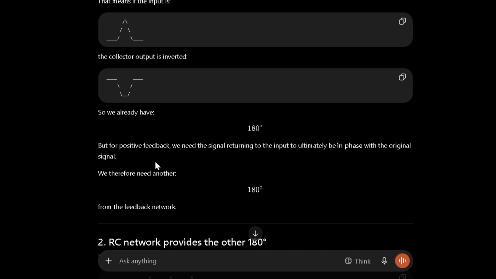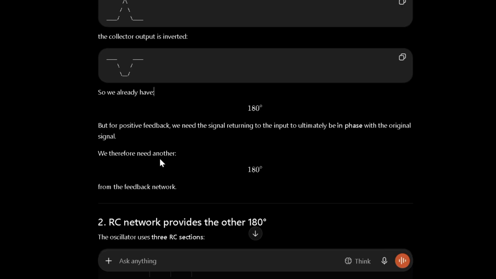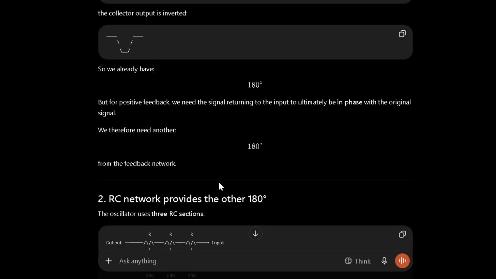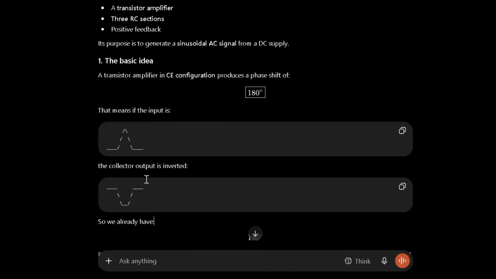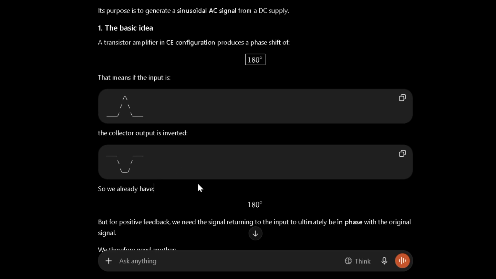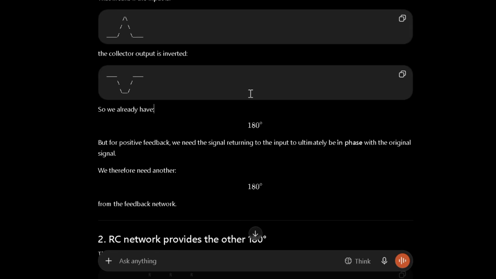So for positive feedback, we need another signal returning to the input from the output to ultimately be in phase with the original signal. We therefore need another 180 degrees from the feedback network, the RC network. We already have 180, but for positive feedback, we need another 180 degrees.